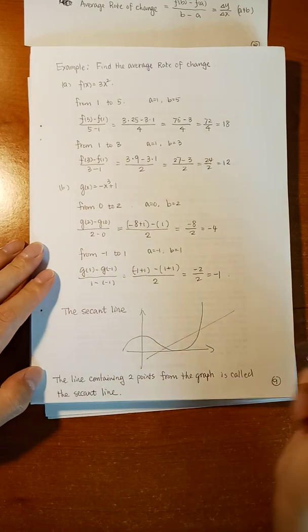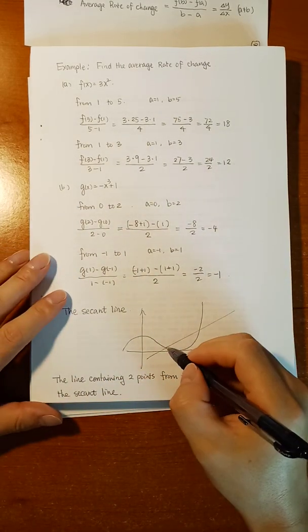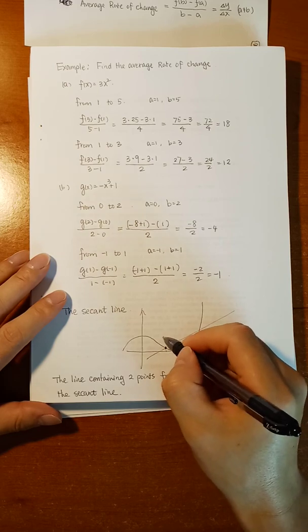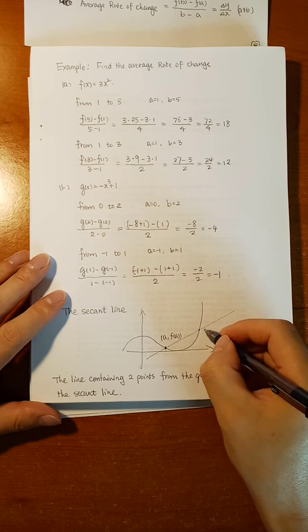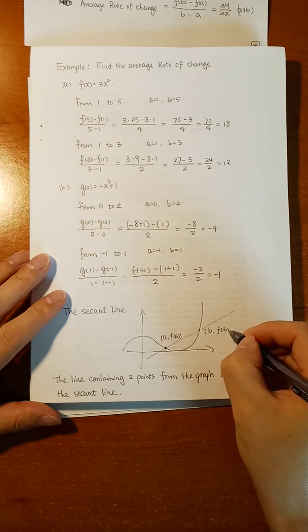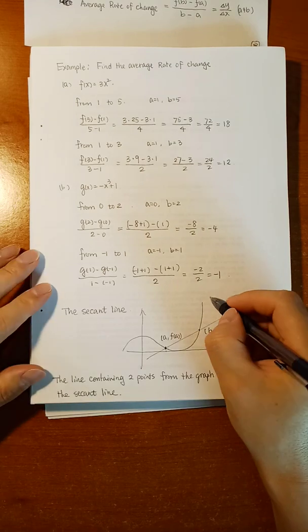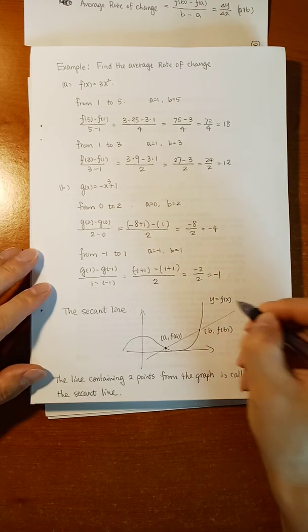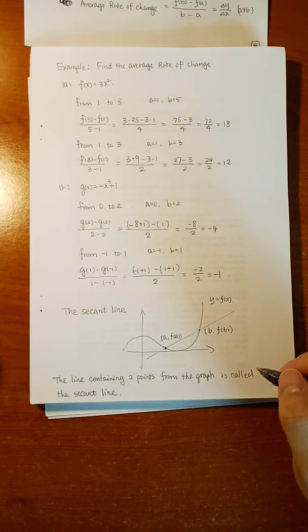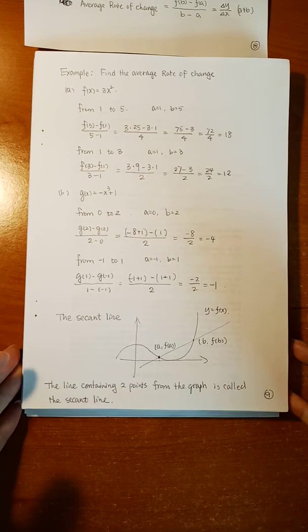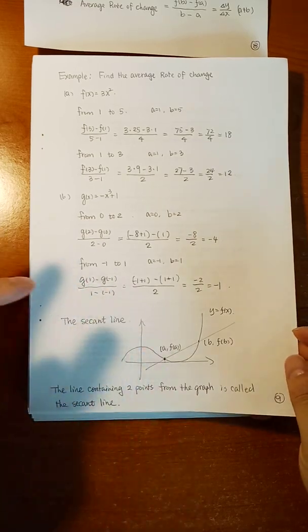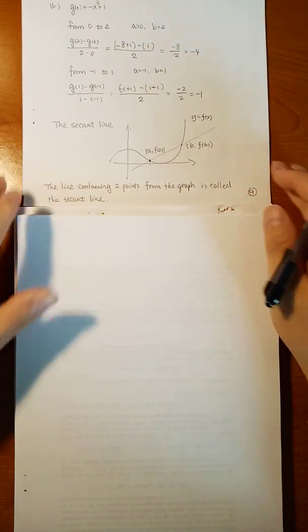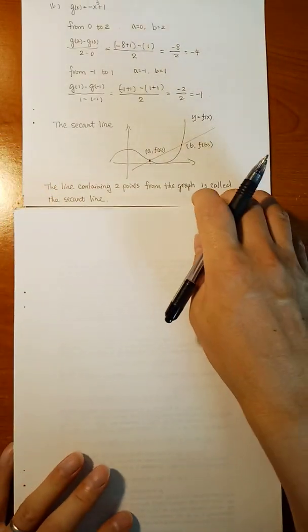Okay, 2 points, so you have this point A, f(A), and this point B, f(B), and the function is y equal to f(x). You have a line. Whenever you have a line in geometry, one of the important quantities is the slope.